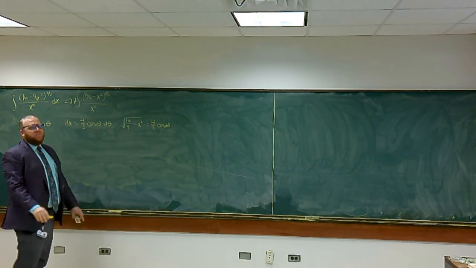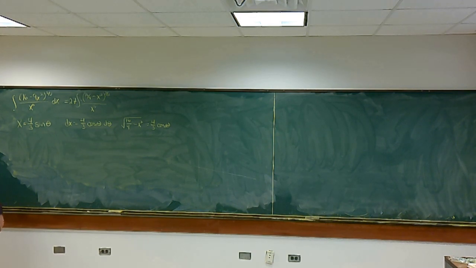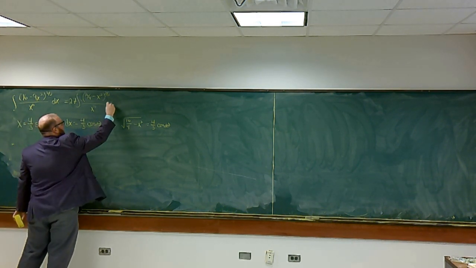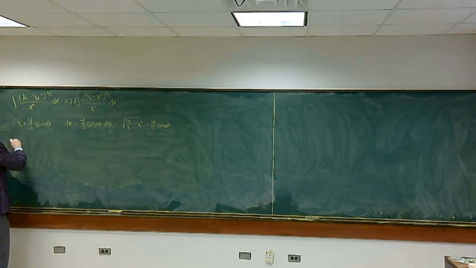And then with all the algebra, this is our full substitution. All right, so we get 27 times the antiderivative.